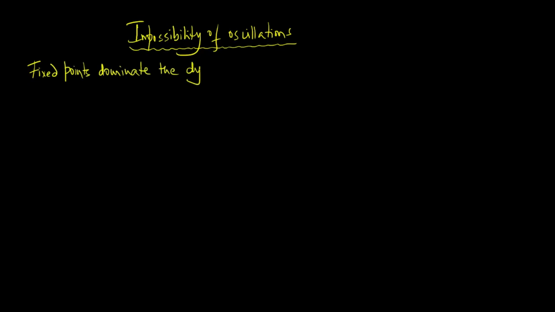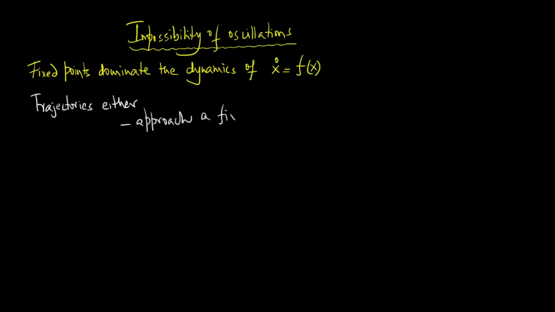Our next subheading is the impossibility of oscillations. By now we are quite familiar that fixed points dominate the dynamics of x dot is equal to f of x. So trajectories either approach a fixed point or they diverge to plus or minus infinity.